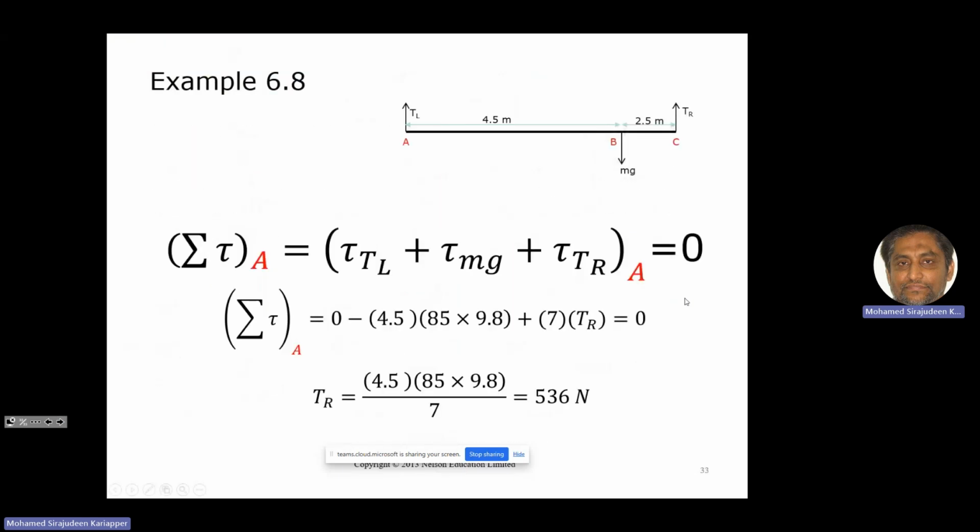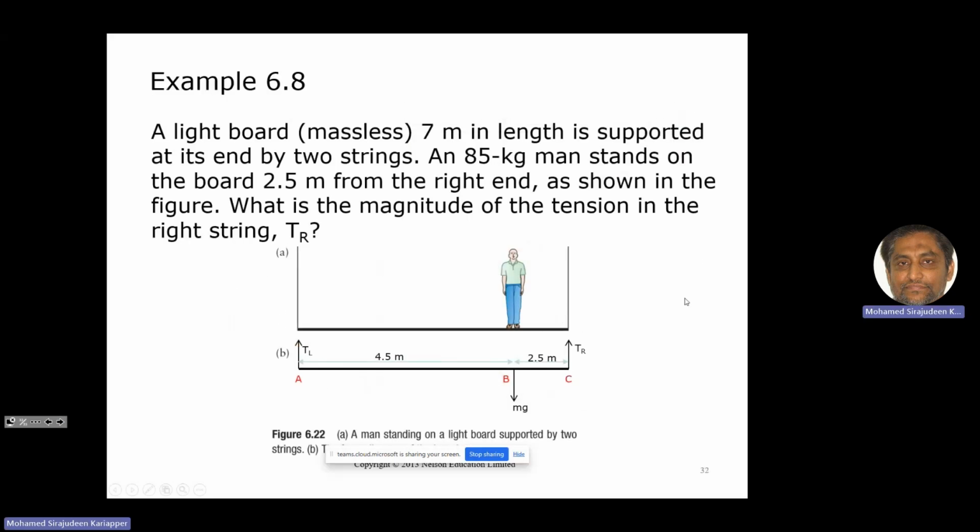All right, I believe this is the last one. Yeah, we will solve this question. I'm sorry? None of them are in equilibrium? No, this is in equilibrium.